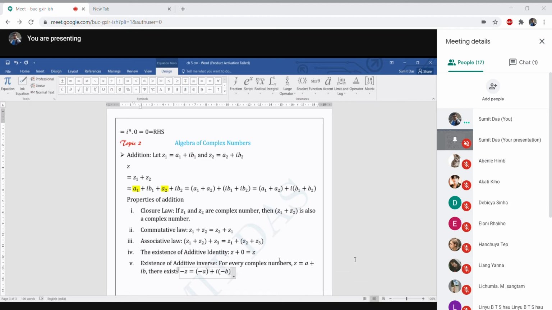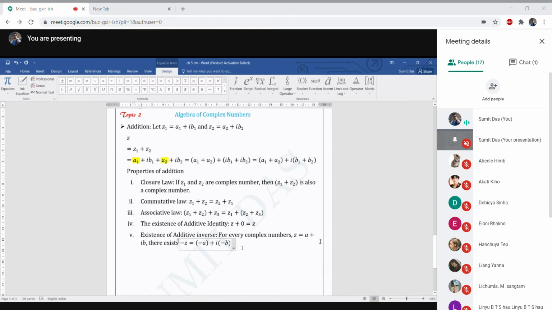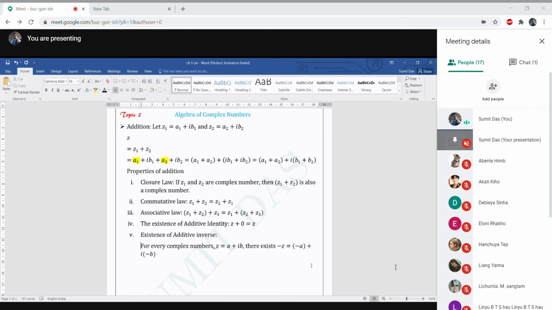Okay, so it's saying that this is called additive inverse. Additive inverse means what? Suppose for z there is another minus z, so if we add these two, it will be 0. Okay, so for every complex number there exists minus z, which is minus a plus i into minus b. Okay, so this is the few things about this.